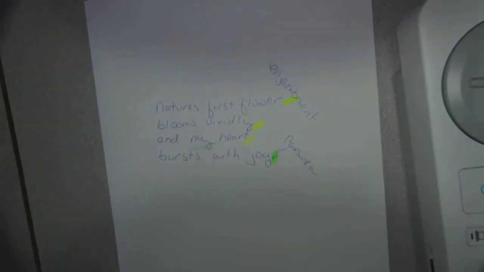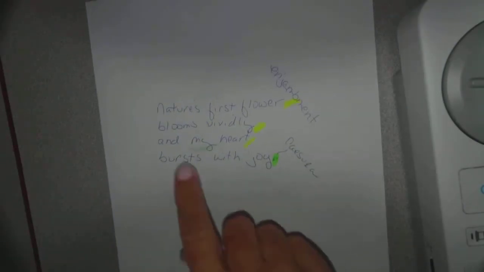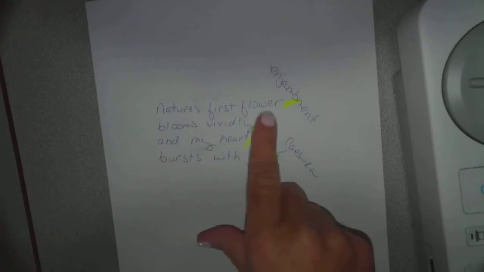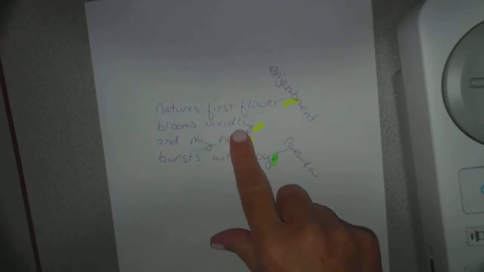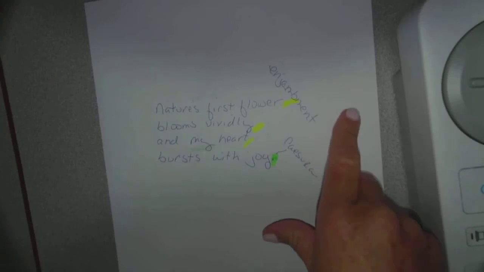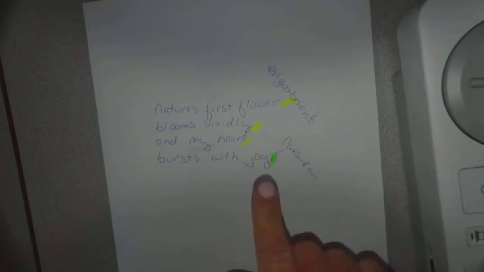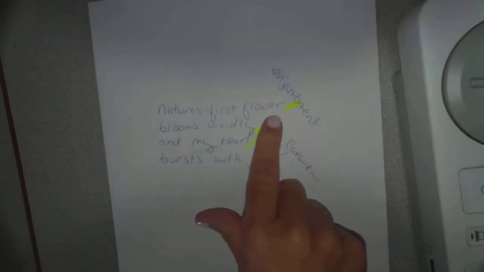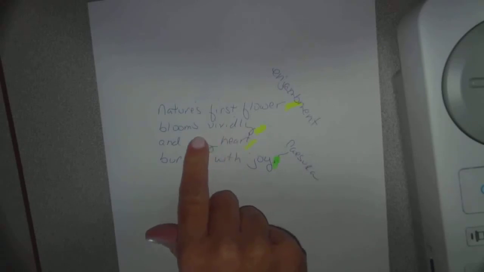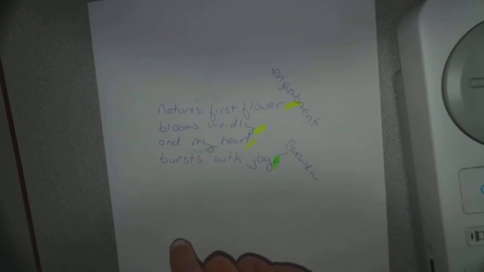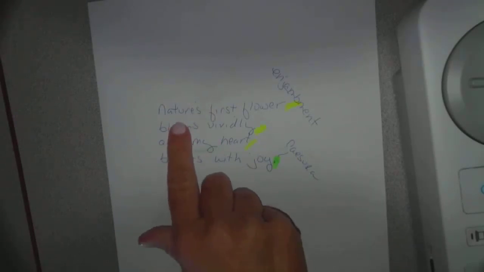Okay? Now, let me clarify this too. If you put "Nature's first flower blooms vividly, and my heart bursts with joy" all on the same line, then that works for an enjambment. So the sentence has to make sense.